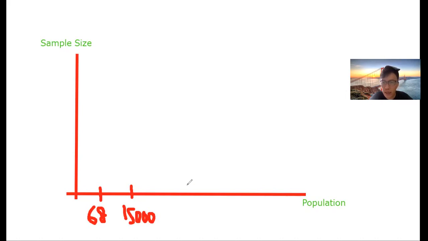Okay, 32.7 million. What is the population of the Earth? 7.5 billion.